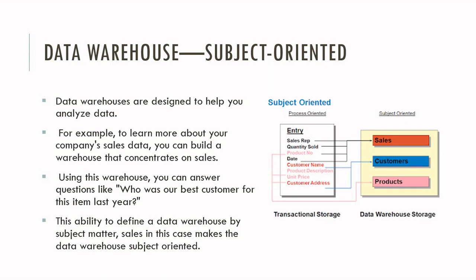For example, you can answer a question like who was the best customer for this item last year. We can do it easily by just analyzing the customer database rather than analyzing each and every detail. So a data warehouse is subject-oriented, and by doing that we can easily analyze the data.